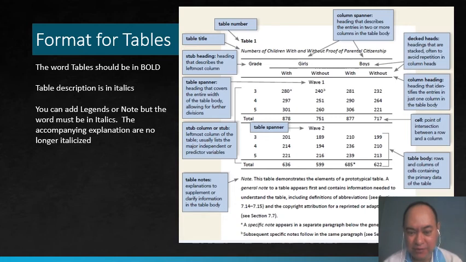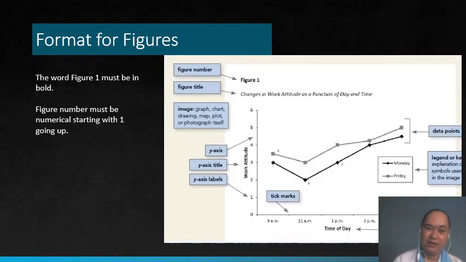And at the bottom of the table, you can add your legends. If you do add your legends to your table, make sure that the word legends is in italics and the words that describe the legend or note are properly formatted. Now let's go to figures. In figures, the word figure is in bold, and the figure description is at the bottom.